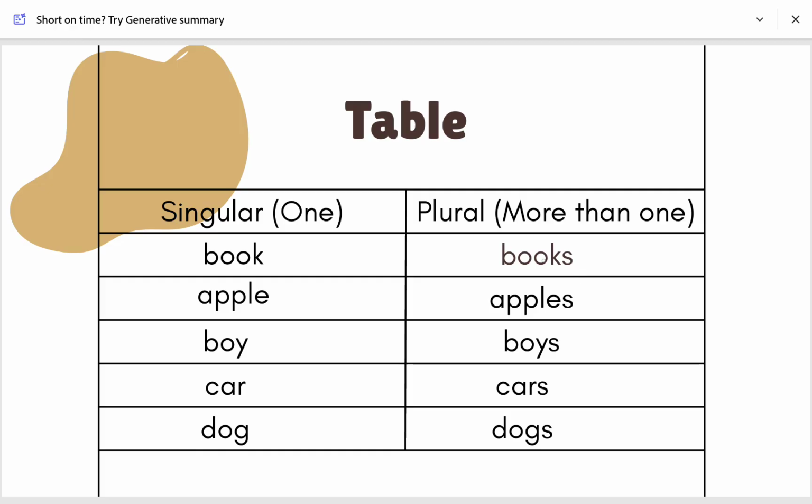We are adding an extra s here to understand that there is more than one book, more than one apple. So by adding an extra s, we can understand better, by hearing or seeing a sentence, that there is more than one noun.